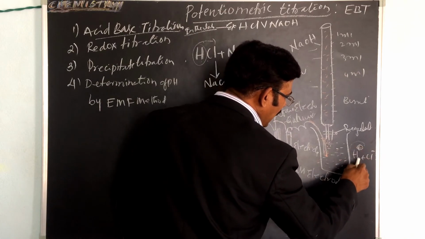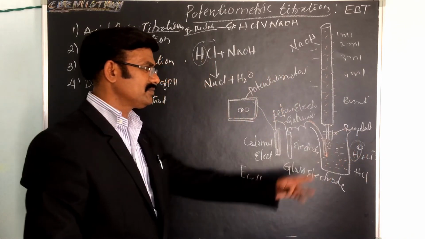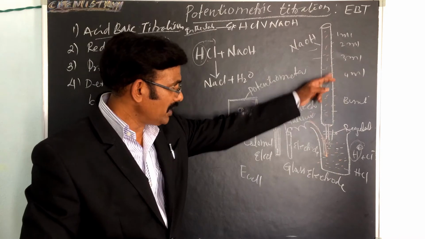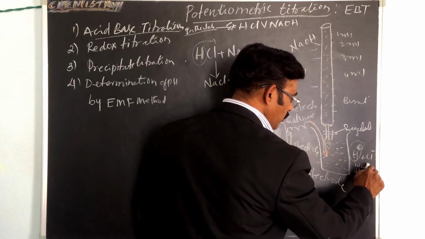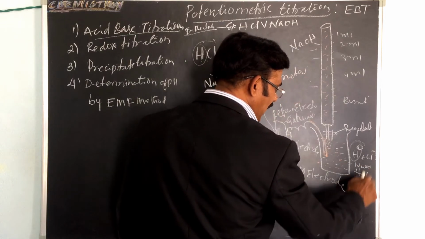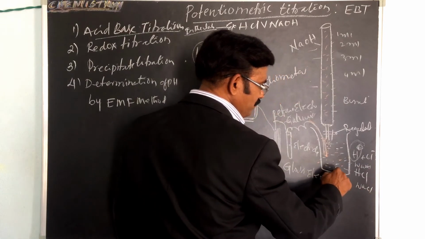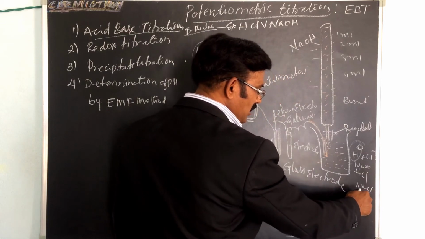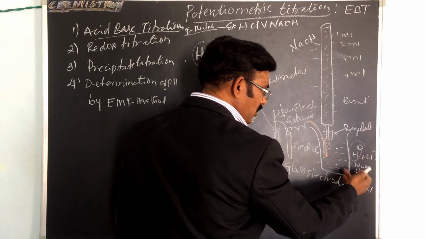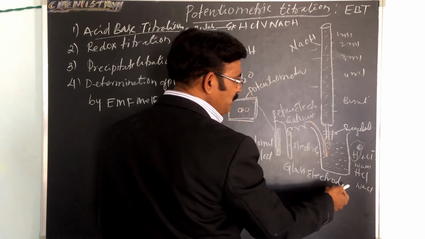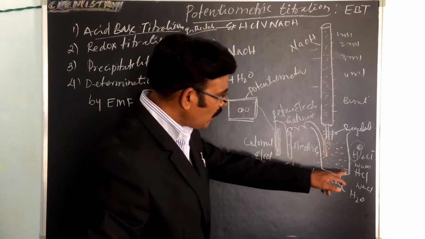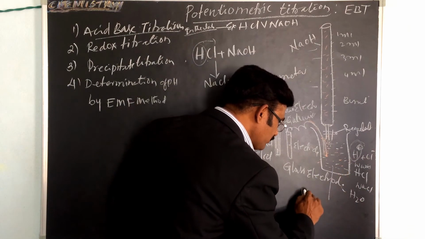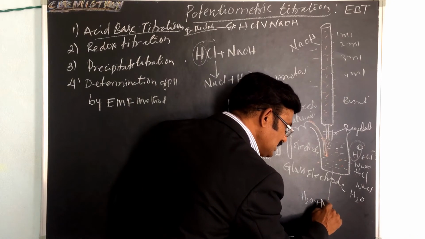Slowly H+ is decreasing as NaOH is coming in. Na reacts and the salt forms here. Then H+ and OH- form water, so it gets diluted. So water and NaCl are there in this beaker.